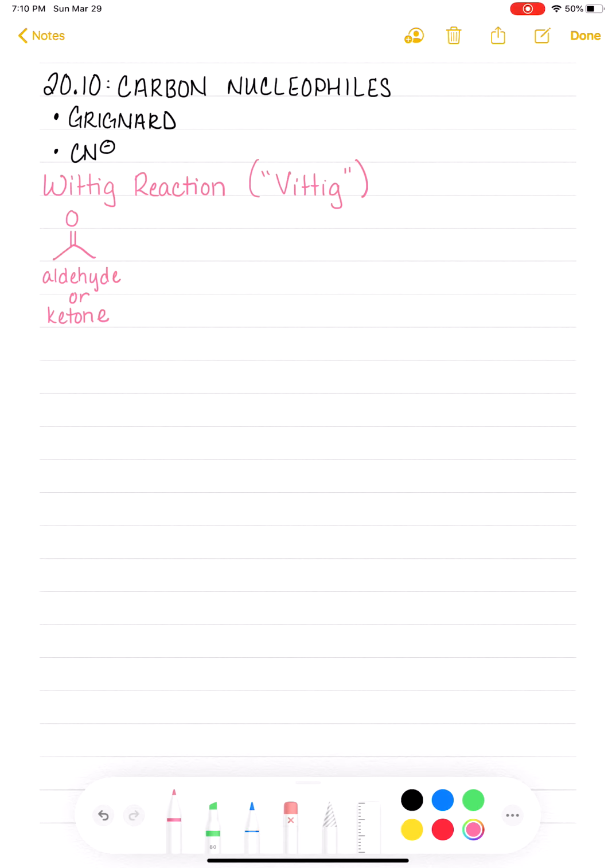This reaction uses a crazy looking reagent. It's carbon. It's got a couple things attached to it. We've got variety of what could be attached out here. And then it has a double bond to a phosphorus. And that phosphorus has 3 phenyls on it, which I'm abbreviating Ph3.